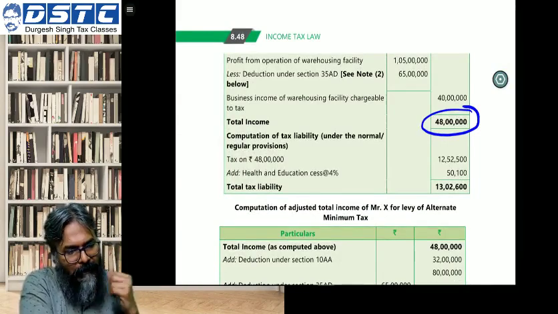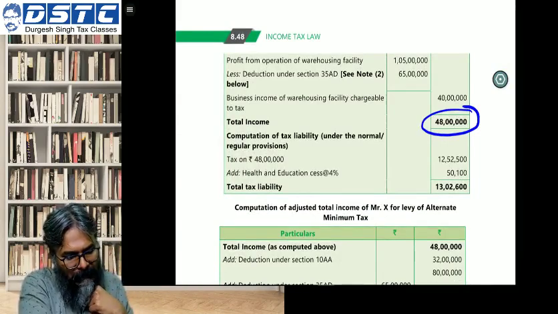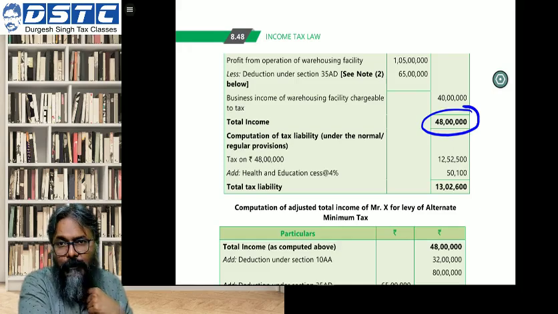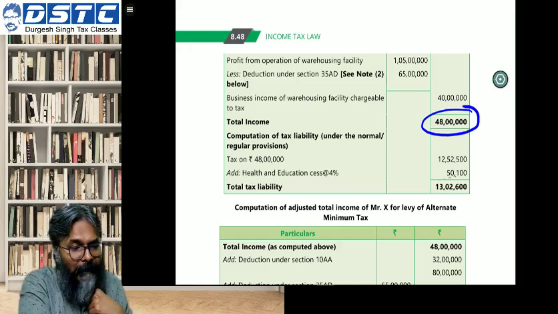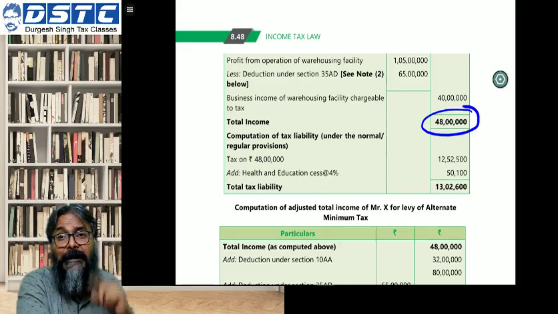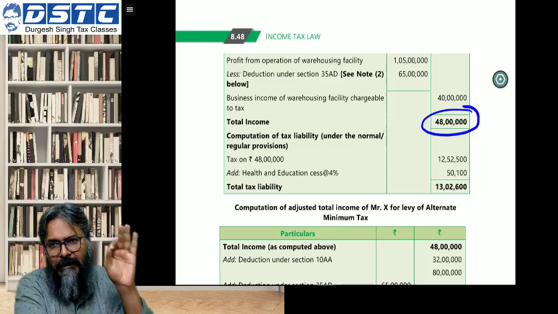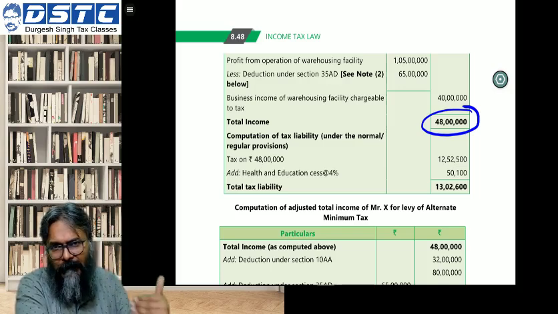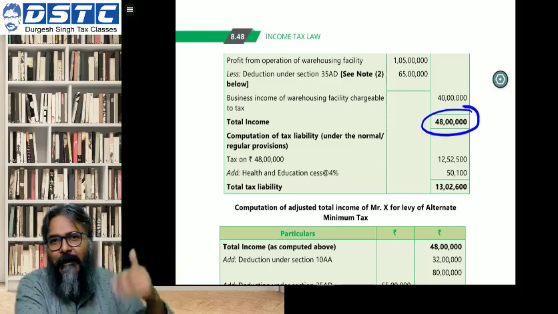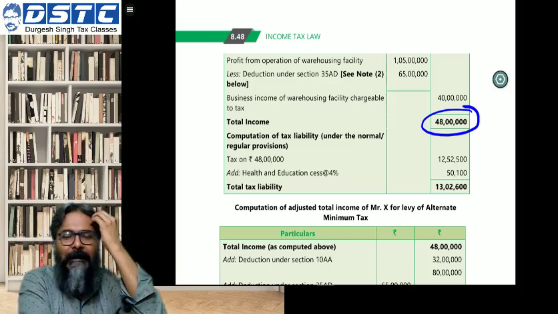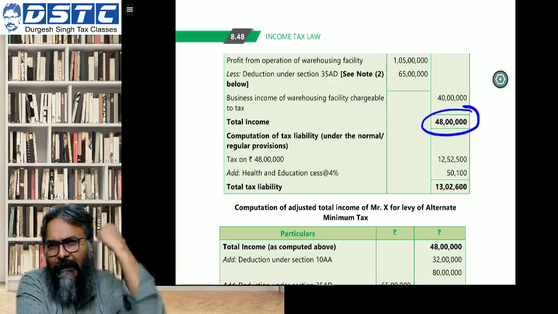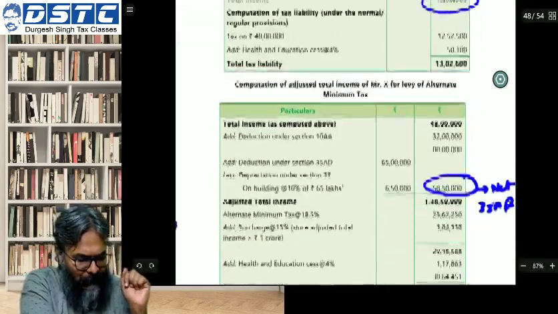I'm talking about the total income. The surcharge would have been applicable in calculating the tax liability as per the normal provision. If it would have crossed 50 lakhs, 10% would have been the surcharge. Okay, but that has not happened, so we have not taken the surcharge in the calculation of the tax as per the normal provision.